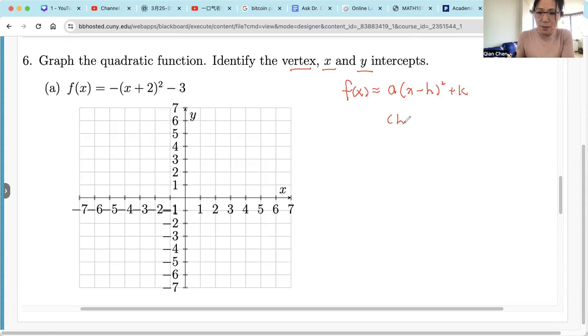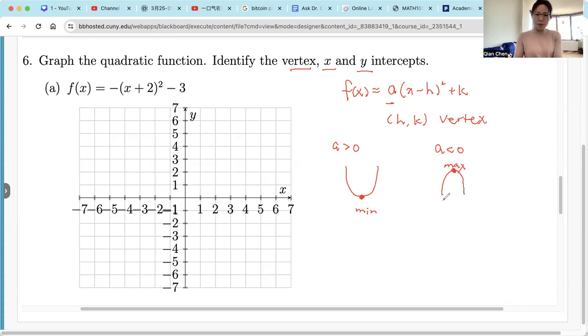In this case, (h, k) is the vertex. If a is positive, we get an upward parabola, and the vertex is the minimum. If a is a negative number, we have a downward parabola, and the vertex is the maximum.